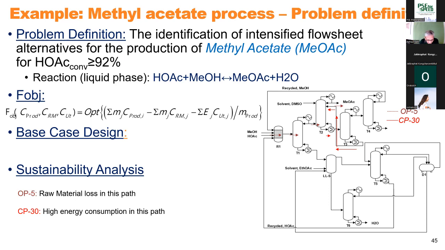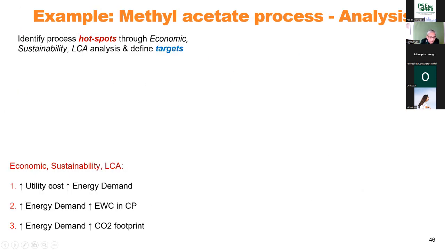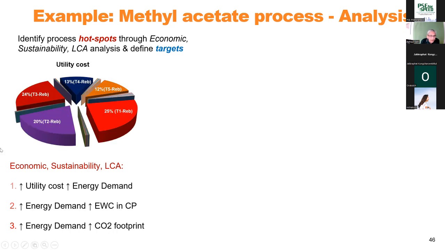So that's the target. We need to reduce the utility cost and energy cost. These are very high. There is loss of energy in the system. The carbon footprint is high because the energy demand is high. And then we find out from the flow sheet.